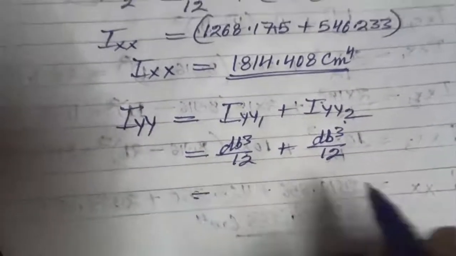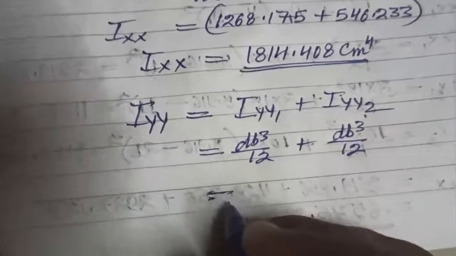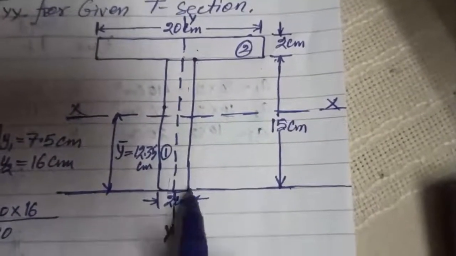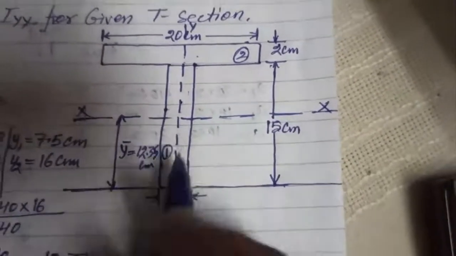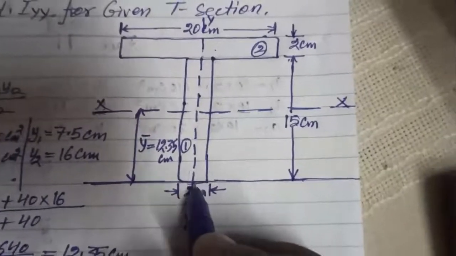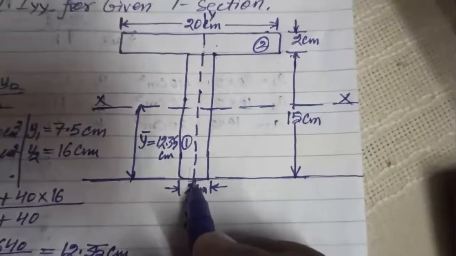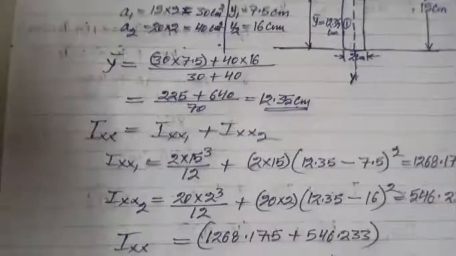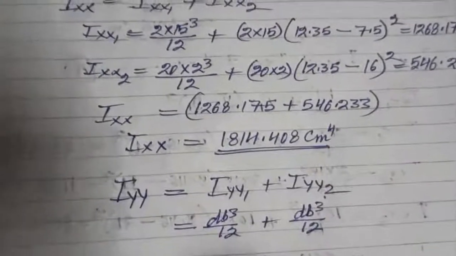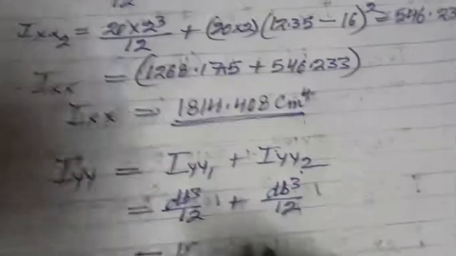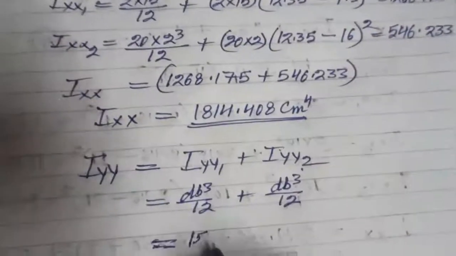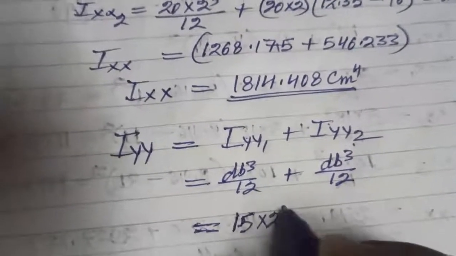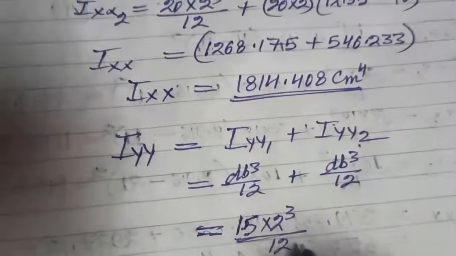In the first part, the perpendicular side is 2, so it is 15 into 2 cube divided by 12.